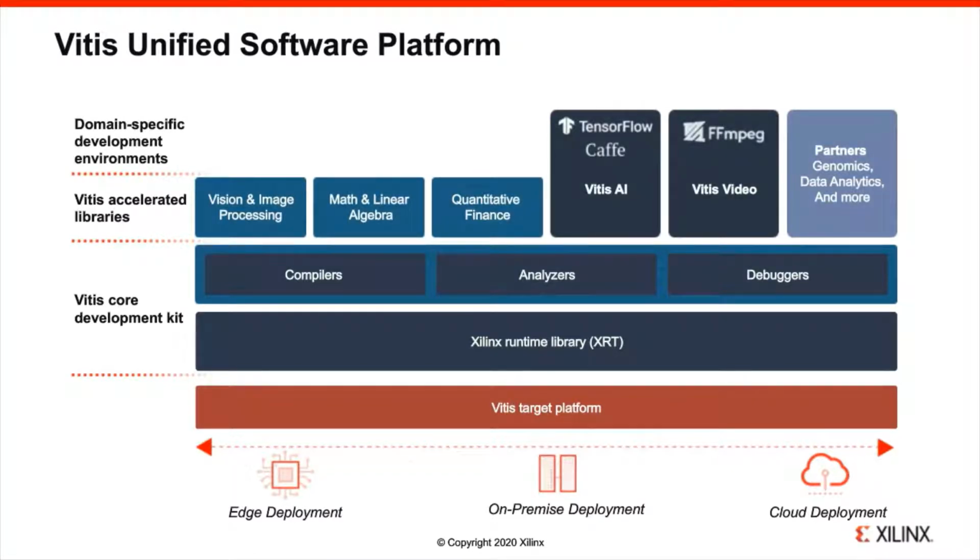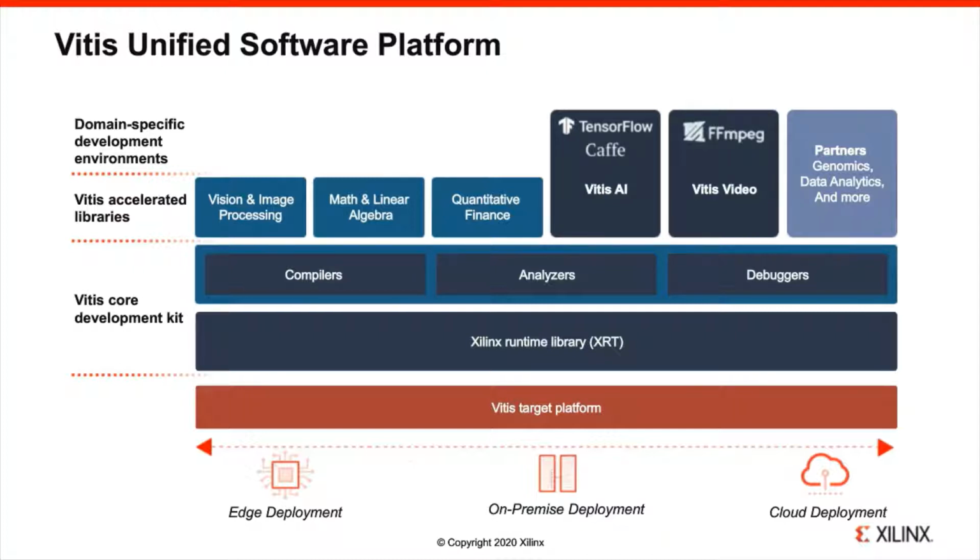You need libraries for getting started, so you as a developer don't have to reinvent the wheel. At Xilinx, we are spending an enormous amount of effort on developing pre-optimized libraries to kickstart your development and lower the barrier to entry. This is what we'll focus and do a deeper dive on in a bit.